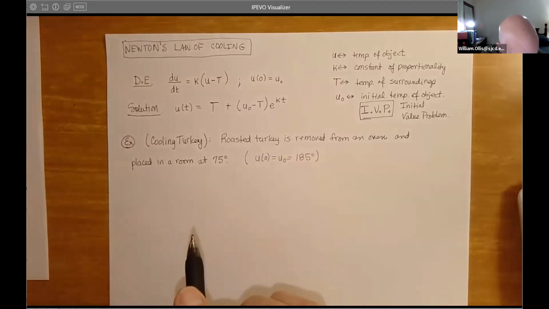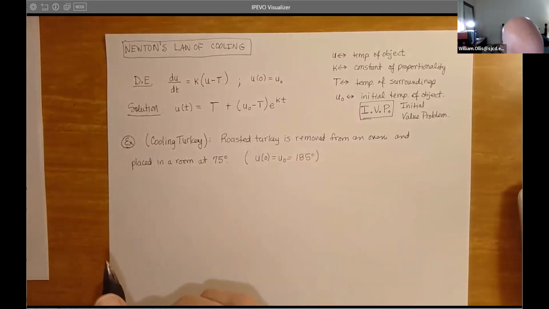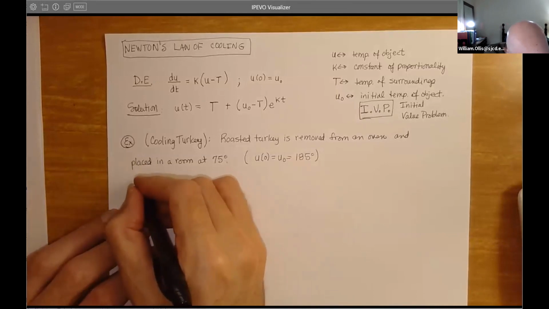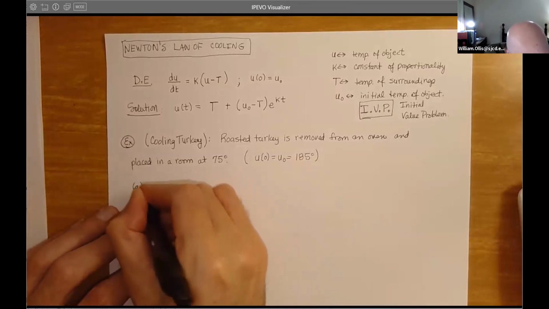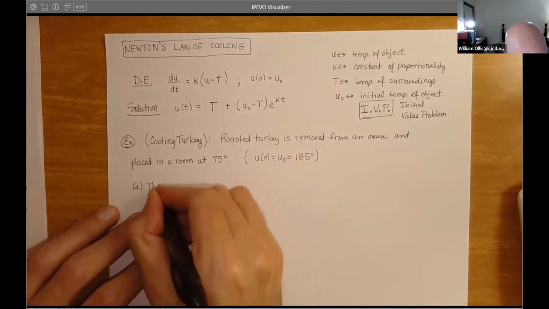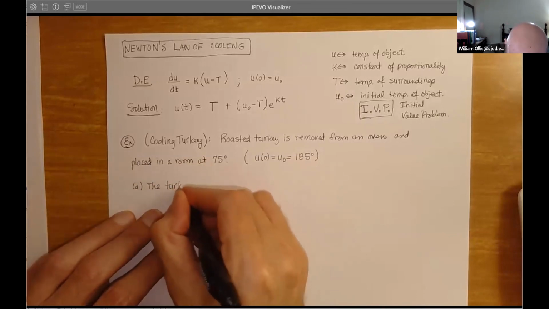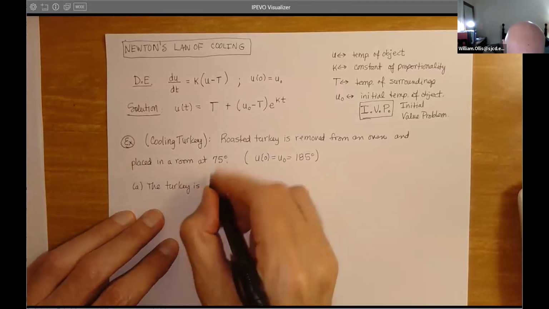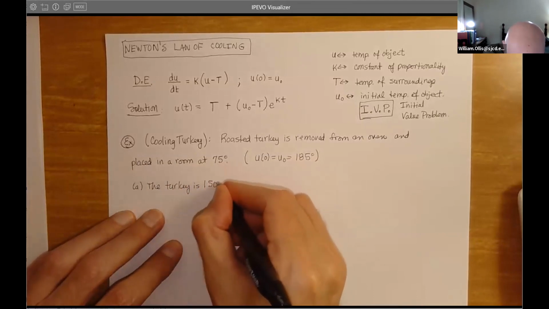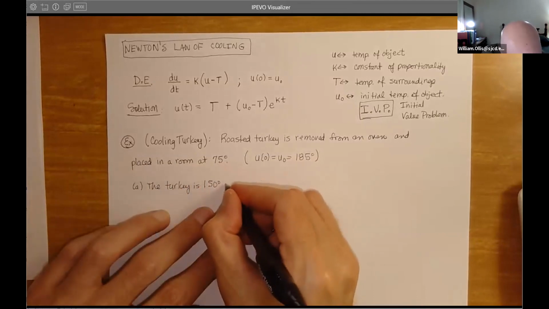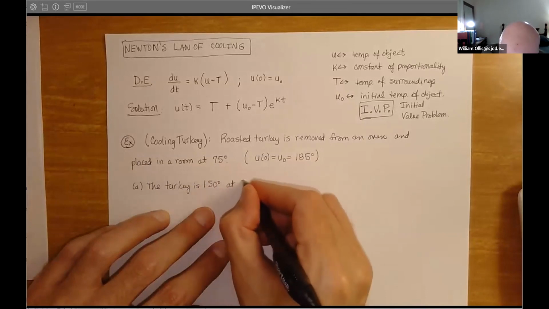And so now, in this particular case, let's write this down. The turkey temperature is 150 degrees at 30 minutes.